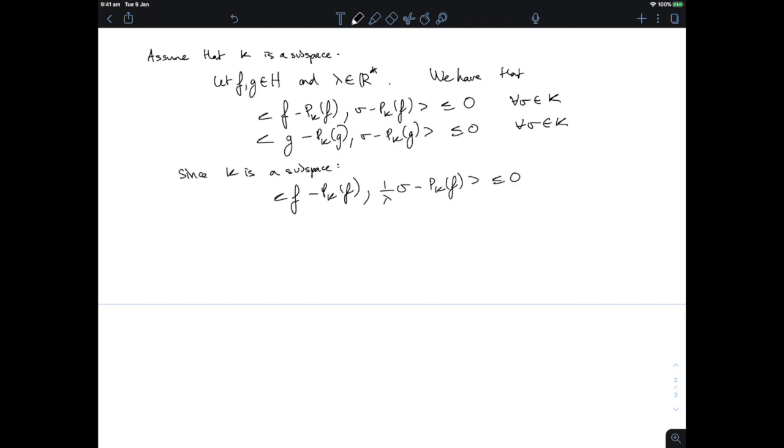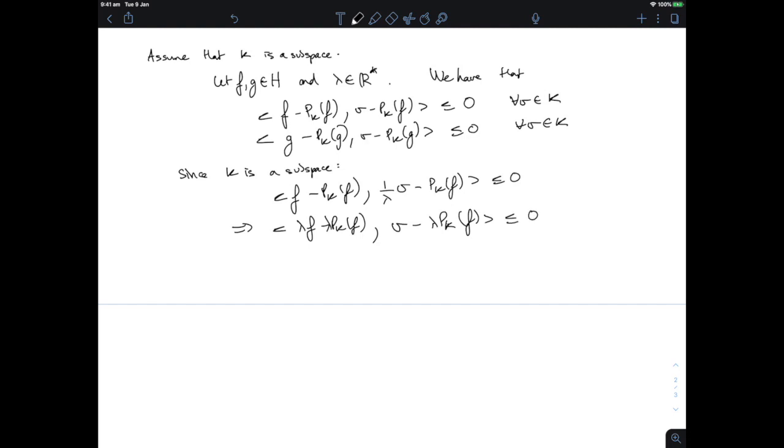And then I can multiply both parts of my inner product by lambda, and I will get that (lambda f minus lambda P_K f, v minus lambda P_K f) is also less or equal than 0.